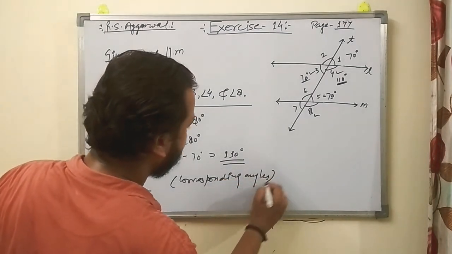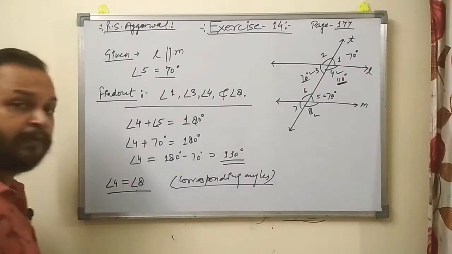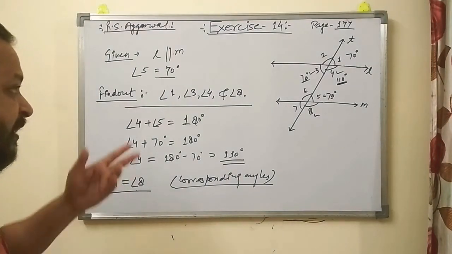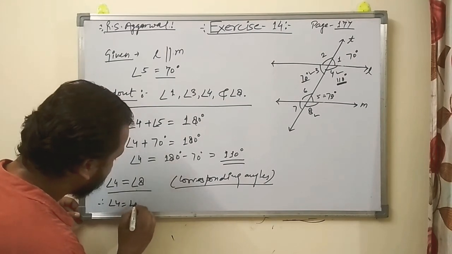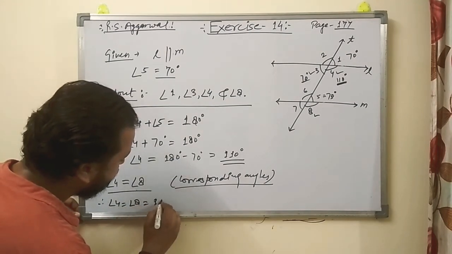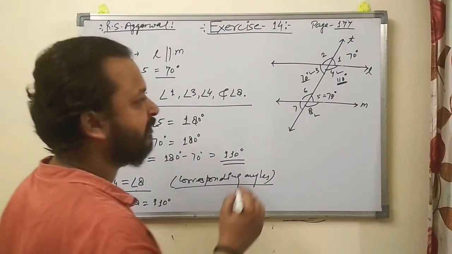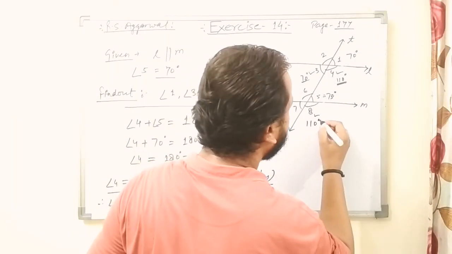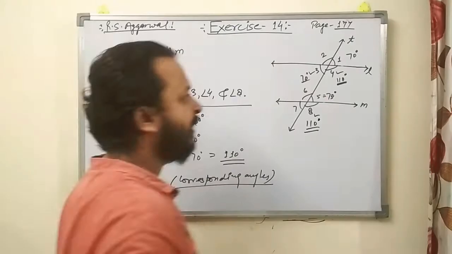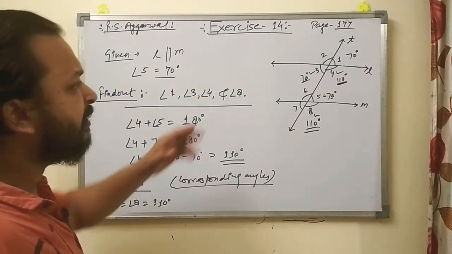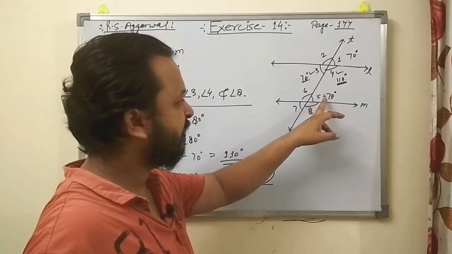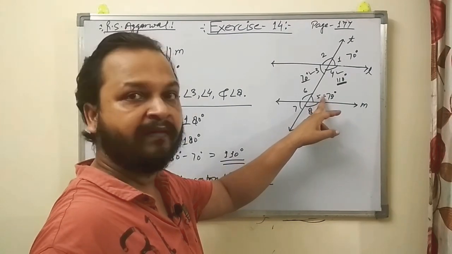So if they are corresponding angles, that is why they are equal. Therefore angle 4 is equal to angle 8, that is equal to 110. So this angle is also 110 degrees.